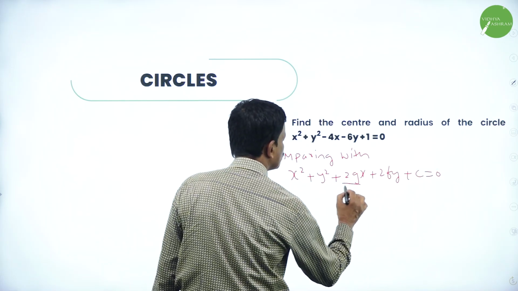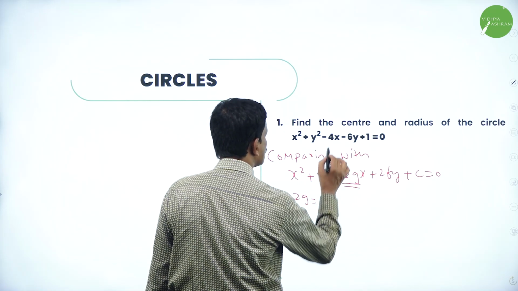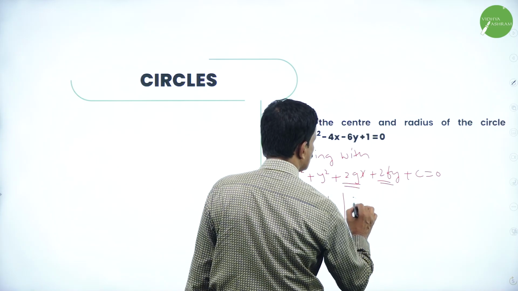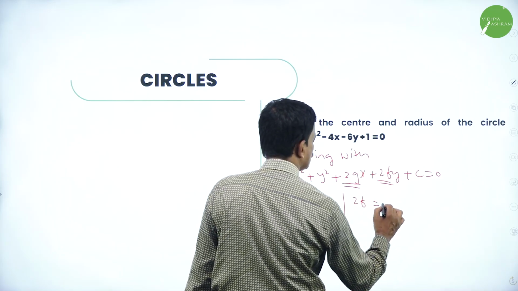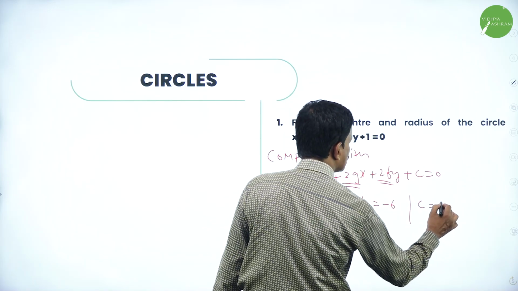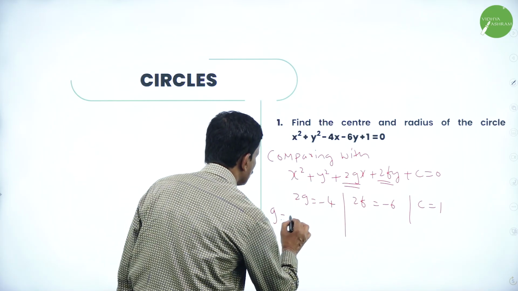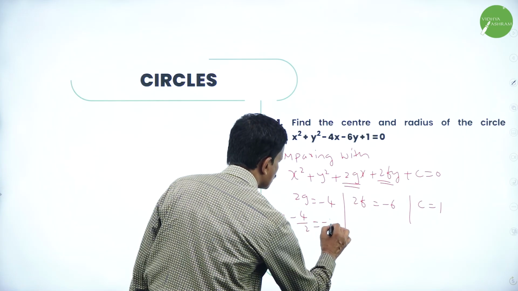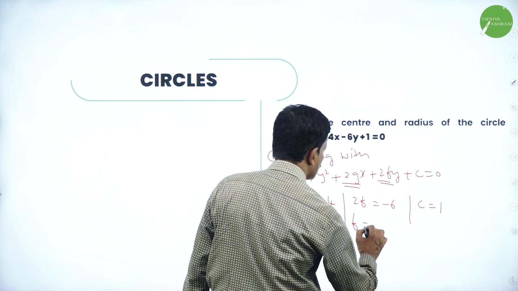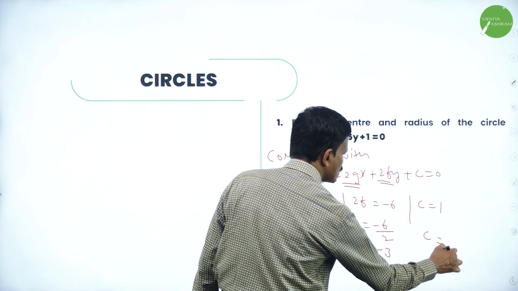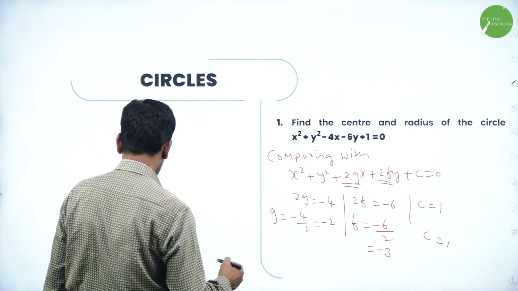Now the coefficient of x is 2g, here the coefficient of x is minus 4, and the coefficient of y is 2f, here the coefficient of y is minus 6, and the constant is equal to plus 1. So what is g? g is equal to minus 4 divided by 2, that's equal to minus 2, and f is equal to minus 6 divided by 2, that's equal to minus 3, c is equal to the constant as it is.